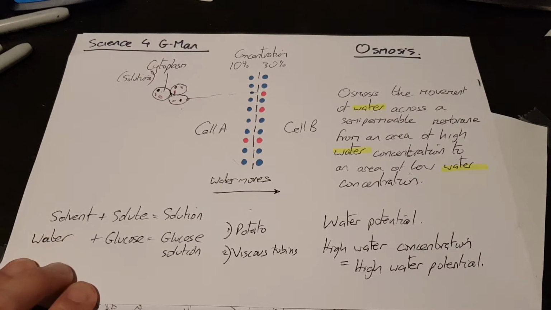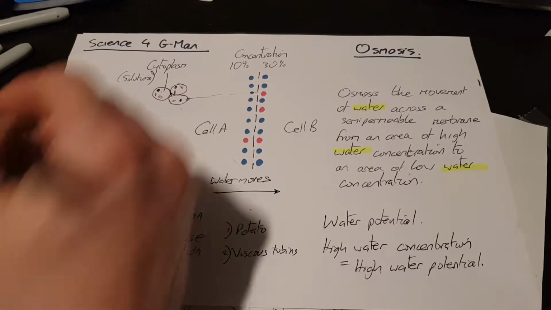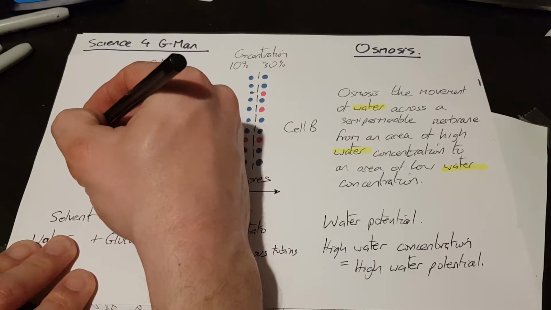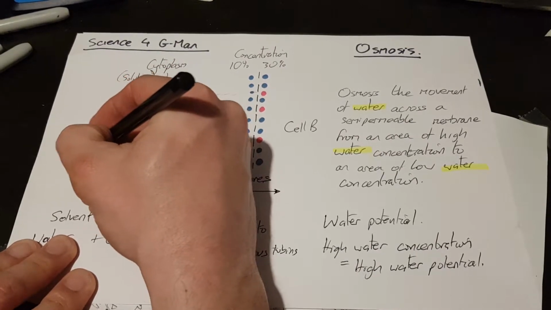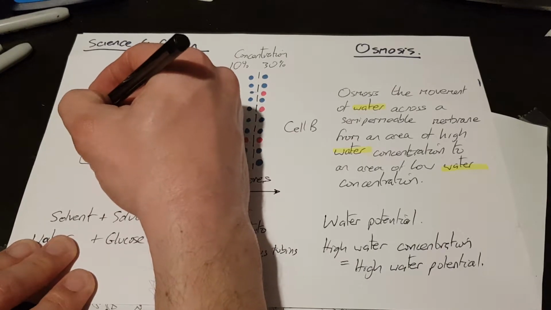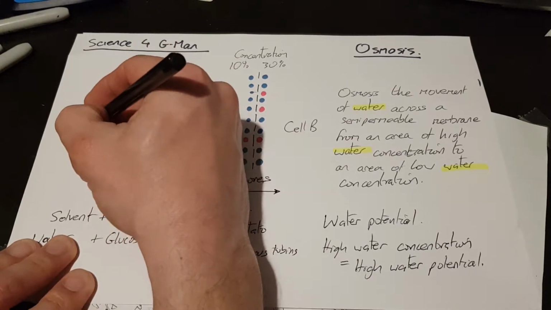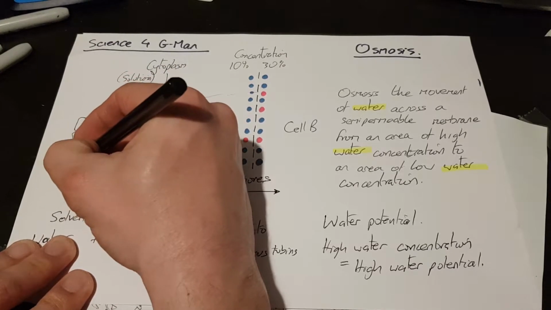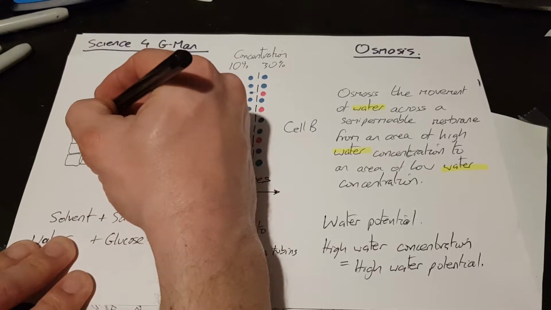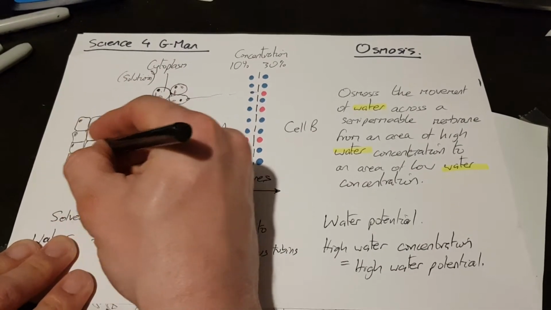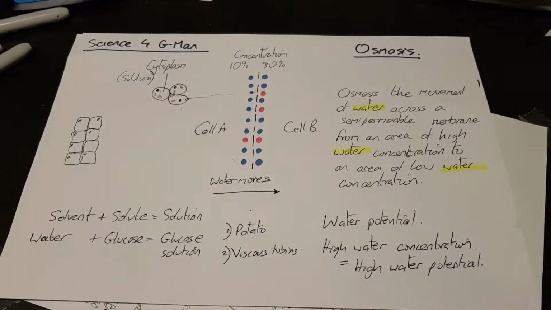So, if, for example, you get some potato cells, as you imagine, this is a close-up of our potato piece. Obviously these are plant cells, so they'd have a cell wall. That'll do.